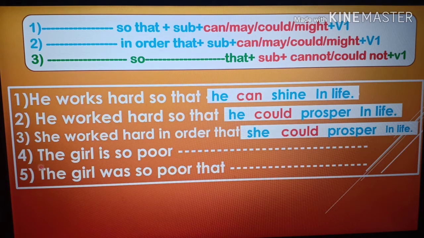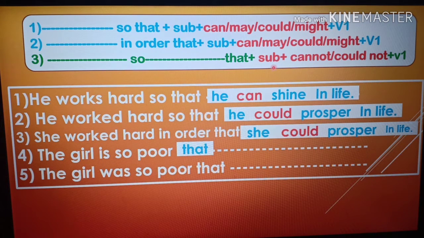Now, come to the fourth one. The girl is so poor. This is another rule. So, this is the rule of the third one. So ... that. That means there is no that here. We have to start with that. The girl is so poor that. Then, according to the structure, we have to use subject.